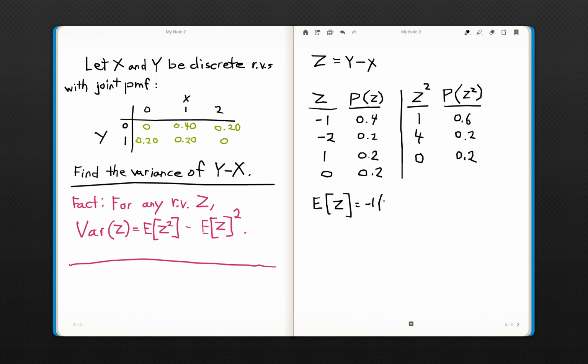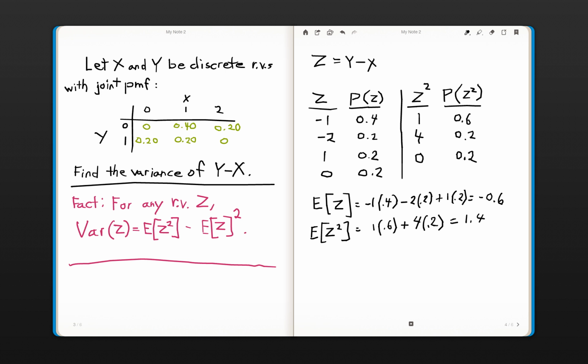So it's negative 1 times 0.4, plus negative 2 times 0.2, plus 1 times 0.2, which equals negative 0.6. Now we need the expected value of Z squared, done in a similar fashion: 1 times 0.6, plus 4 times 0.2, and 0 gets zeroed out anyway. This equals 1.4, which is 0.8 plus 0.6.